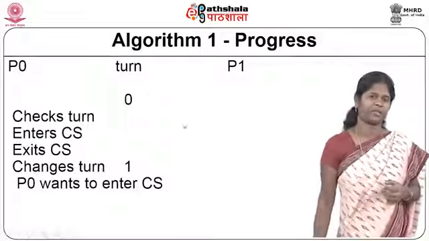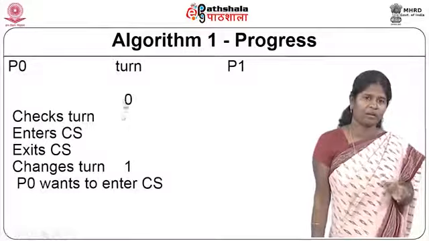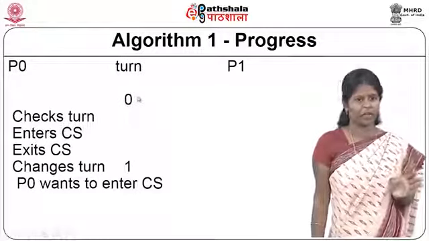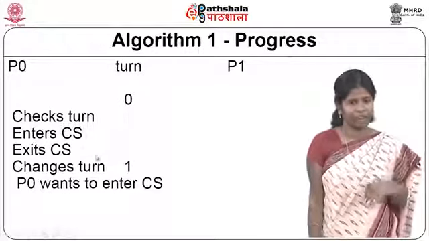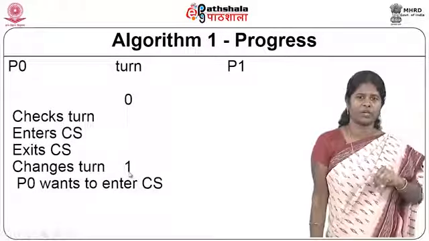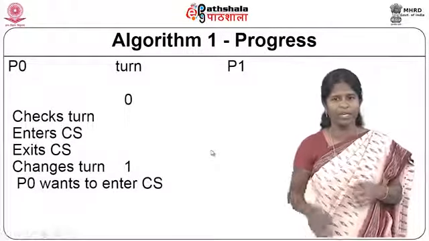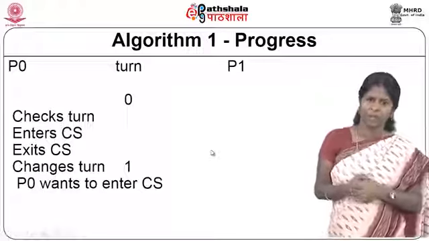Now what happens? P0 had the value of turn equal to 0 initially, and after coming out of the critical section it changes the value of turn to 1. But P1 in the meantime does not want to enter the critical section at all.